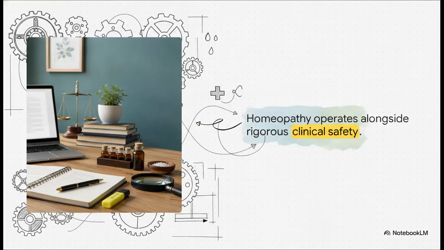Now, I think it is super important to ground all of these philosophical concepts back into a highly accountable, real-world clinical setting. The source materials strongly emphasize that these four principles do not just operate in a vacuum. They have to operate right alongside rigorous clinical safety and the absolute necessity for sound professional judgment.